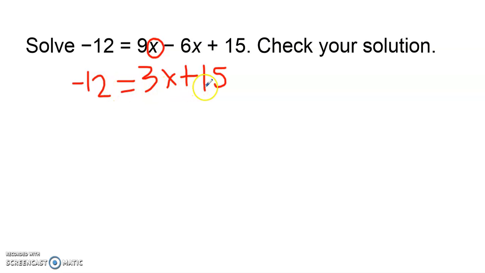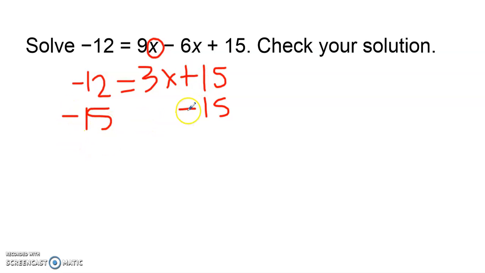So now we need to get everything away from x, because this is what we're solving for here. So we want him all by himself. So we need to put this 15 onto the other side. So we're going to subtract, because we need to undo this addition.